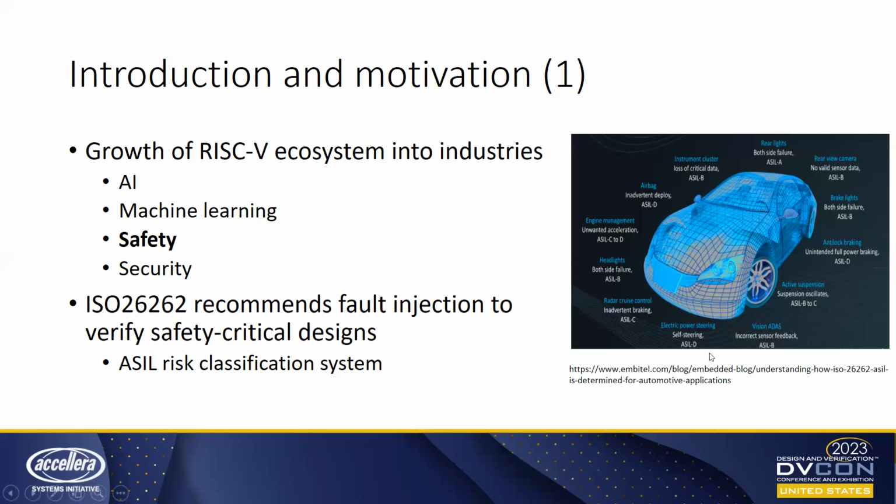So the ASIL A would be the lowest risk safety level, and the ASIL D would be the highest risk, so safety critical of the car. So for example, the ASIL D would be the airbag, while ASIL A would be the rear lights, as can be shown in the figure.